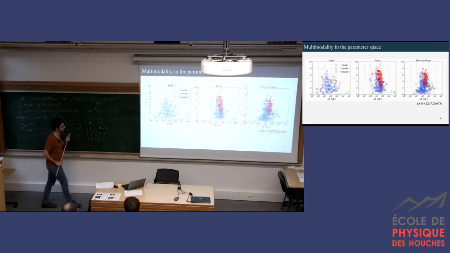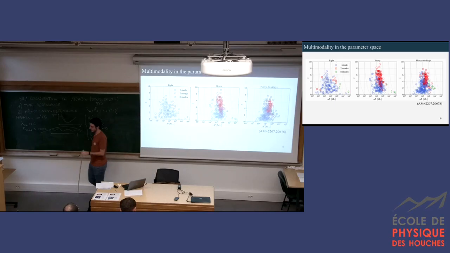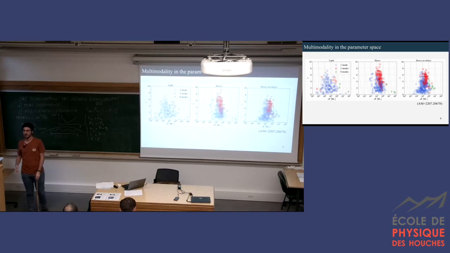The point is that typically when you go to 10 to the 4, you don't have the merger in LISA anymore. What you observe is the inspiral, and then the merger happens outside the band. You can still get some information because you have the orbital motion of LISA, but you lose a lot of information because you are not observing the merger and ring down.